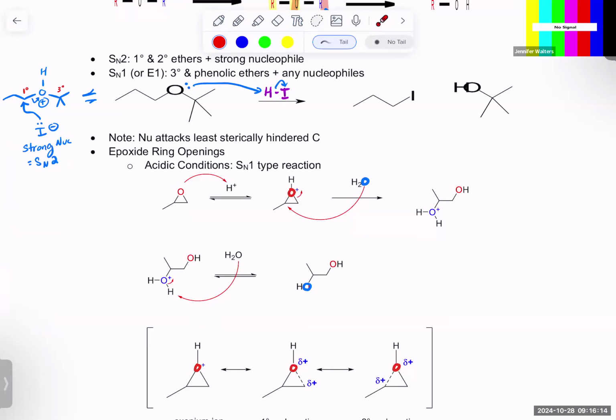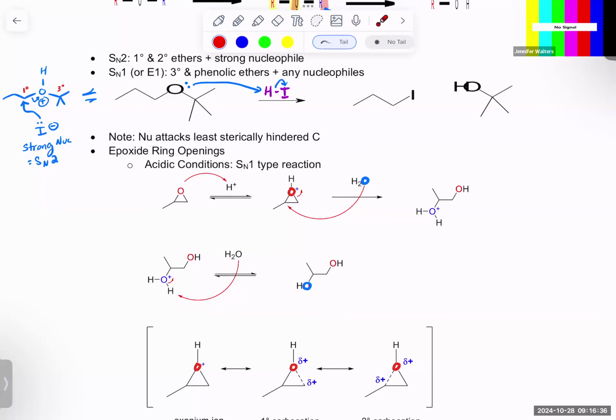The main one that I had to change on mine was this one, to make that one red. And then I tried to make the nucleophilic oxygen always blue. So the nucleophilic oxygen is the one coming from the water. So I had to change those two to be blue, because they were red. Just trying to help keep track of where everything is.